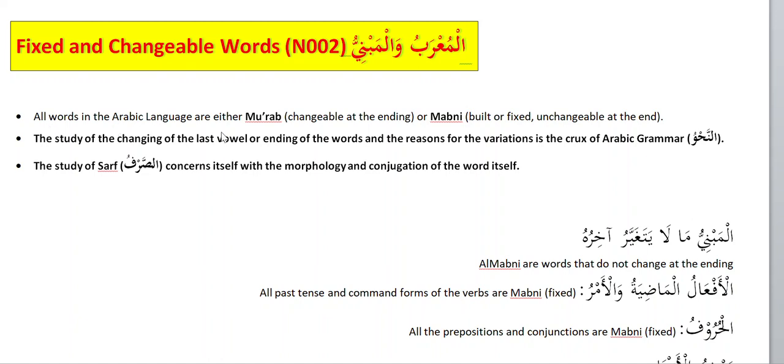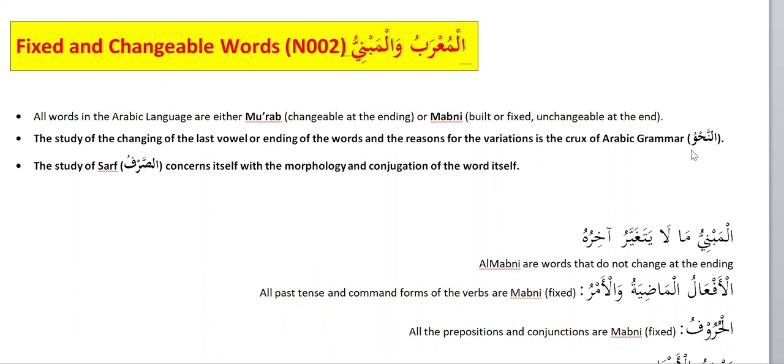So let me go over that. All words in the Arabic language are either mu'arab, changeable at the ending, meaning the vowel can change from fatha, kasra, or dhamma, or mabni, built or fixed, unchangeable at the end, meaning the way it is, is the way it will always be. And we'll give you examples of those. The study of the changing of the last vowel or ending of the words and the reasons for their variation is the crux of Arabic grammar.